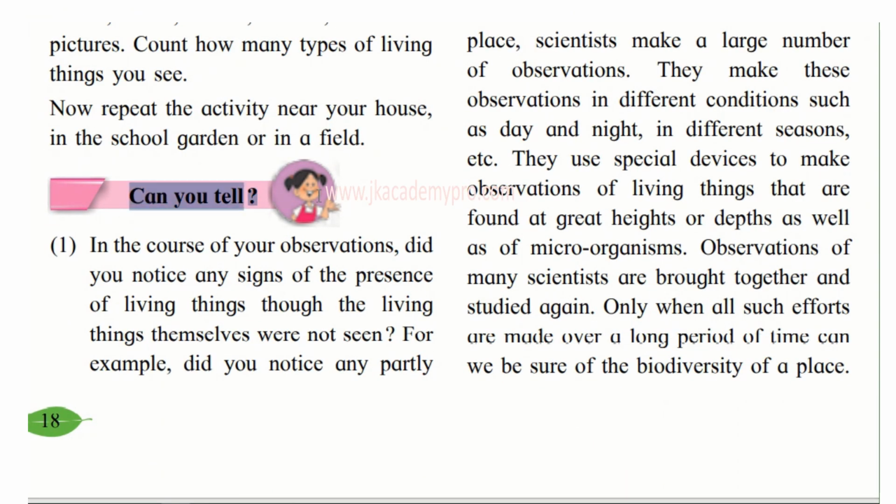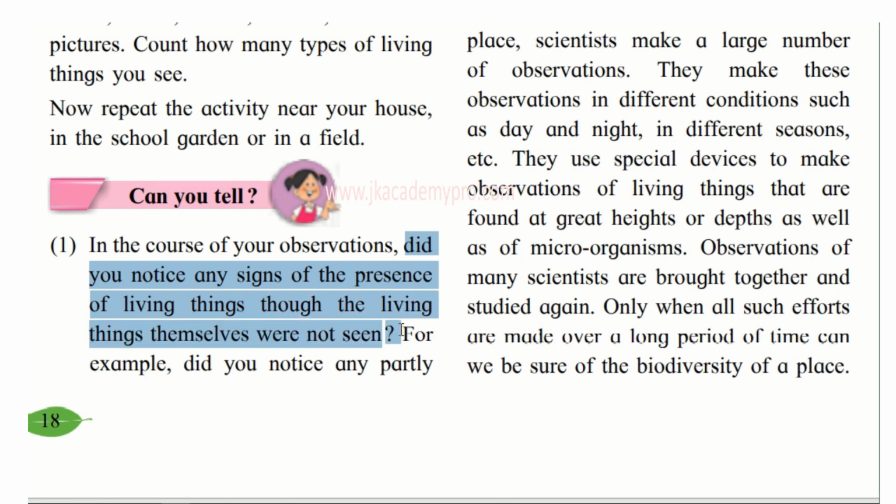Now, can you tell, in the course of your observation, that is, while you are observing, did you notice any signs of the presence of living things, though the living things were not present? Maybe you saw something that made you feel that this animal or this bird could have been here, but why can't I see it? Did you notice any such thing?